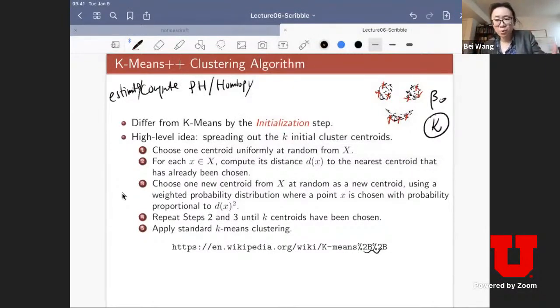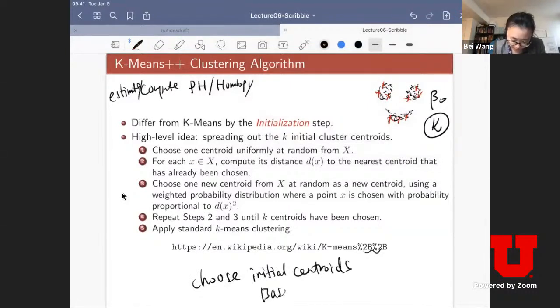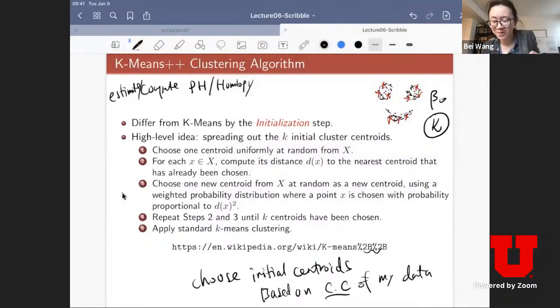If I know there are a few components based on my estimation, maybe I can choose my initial centroids based on the connected components of my data, okay? Of course, again, this is a chicken and egg problem. If I already know there are 3 components, why do I even need to do clustering? I already have that, right?